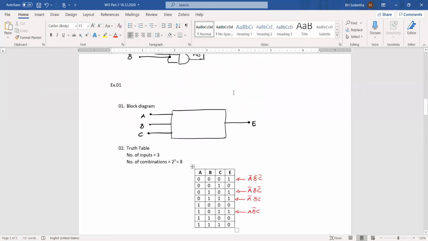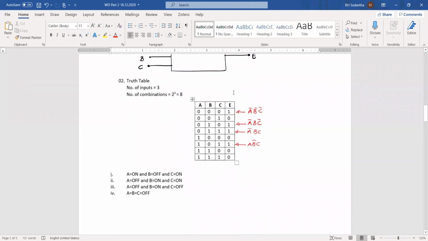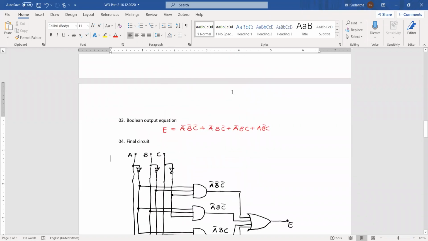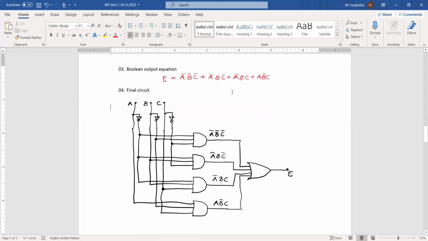Starting from here, this is the block diagram and truth table. Then from the truth table, we wrote this equation, and based on the equation, we drew this circuit. Are you okay? Now you can compare with your diagram if you have drawn one.